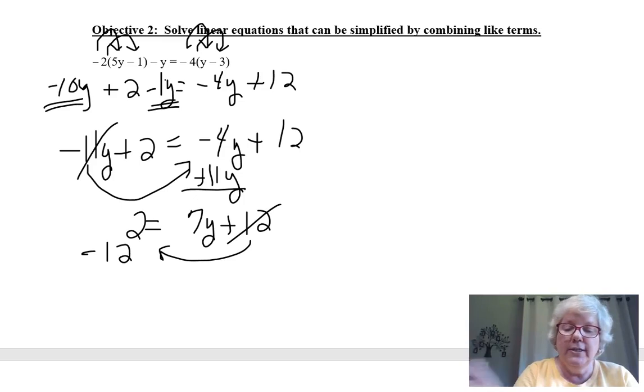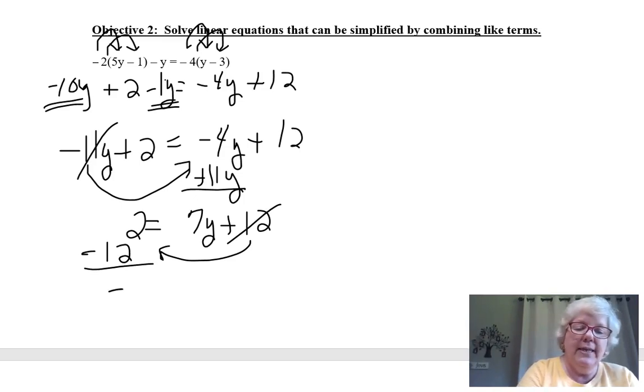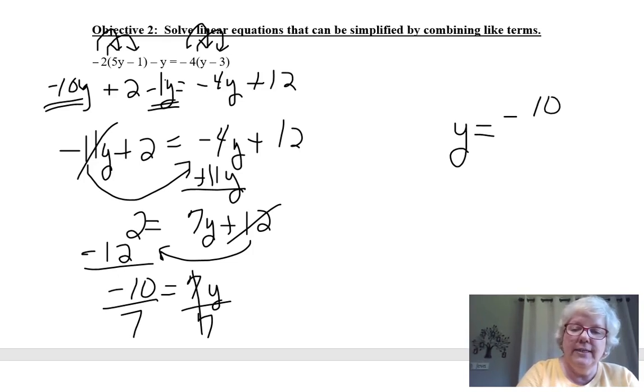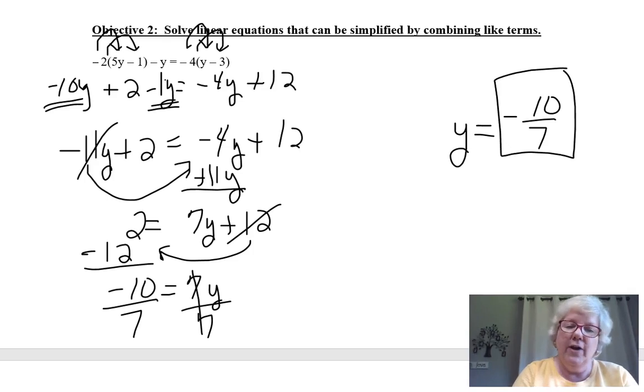Remember, you're using inverse or opposite operations. That will give me a negative 10 equals 7y. And last but not least, I will divide by 7. So my solution is y equals negative 10 over 7. It is a fraction. It's okay to get a fraction as an answer. And it doesn't matter which side you bring the y to.